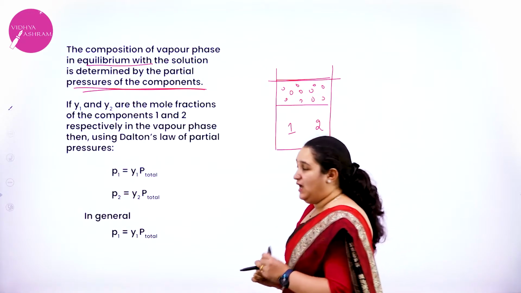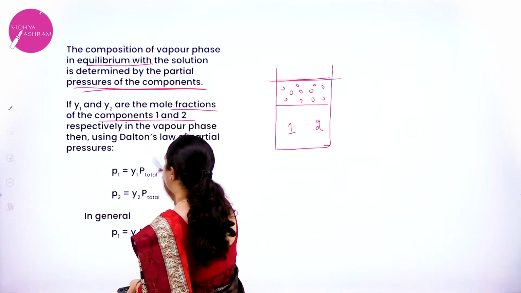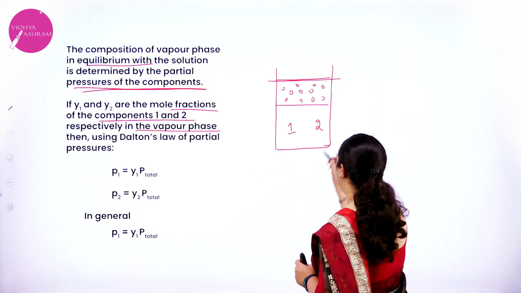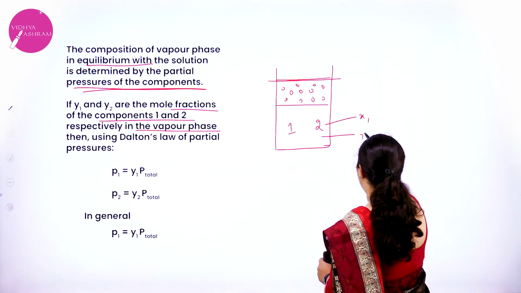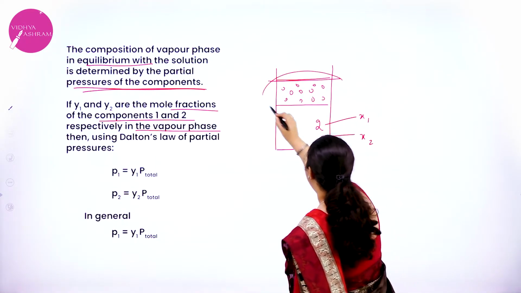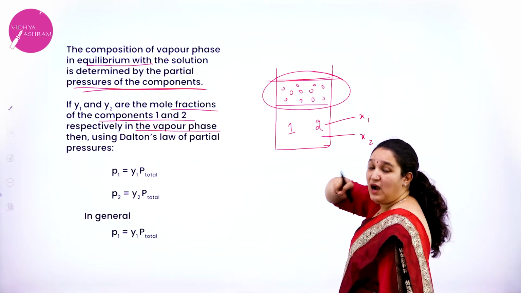We'll see. Now, if y1 and y2 are the mole fractions of components 1 and 2 respectively in the vapor phase, till now what did I take? The component 1 and 2 mole fraction is x1 and x2. In which phase? In the solution phase. Now I am talking only about the vapor phase. If I want to find out the composition here, how do I get it?